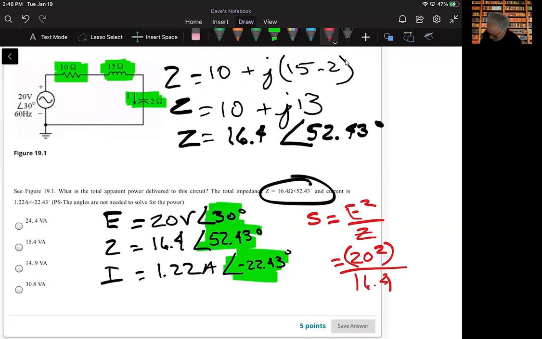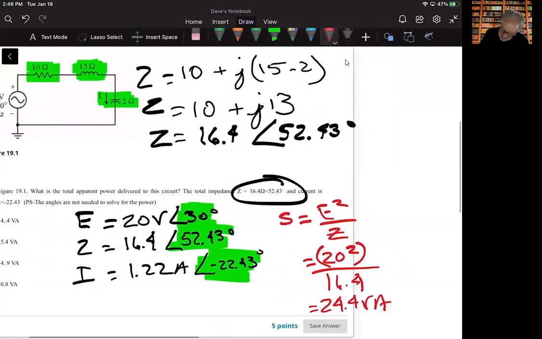If I do 20 squared, that's 400. I divide that by 16.4 and I get 24.4 volt amps. Okay, so that would be the answer that I want to indicate on there. Again, point being, we don't have to concern ourselves with angles on this stuff. It's not something that we need to do to be able to solve the problem.